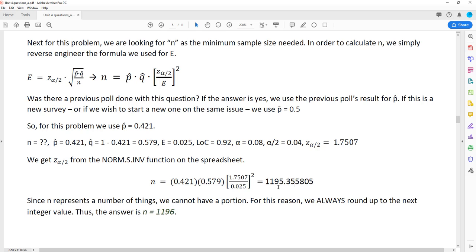In other words, if this were 1195.0067, we would still round it up because this is a necessary condition for us to meet. And 1195, if we round it down, that wouldn't be enough. 1196 is a slight overkill, but since we can't break it up into a portion, then we would round up. Let's see what this looks like on a spreadsheet.